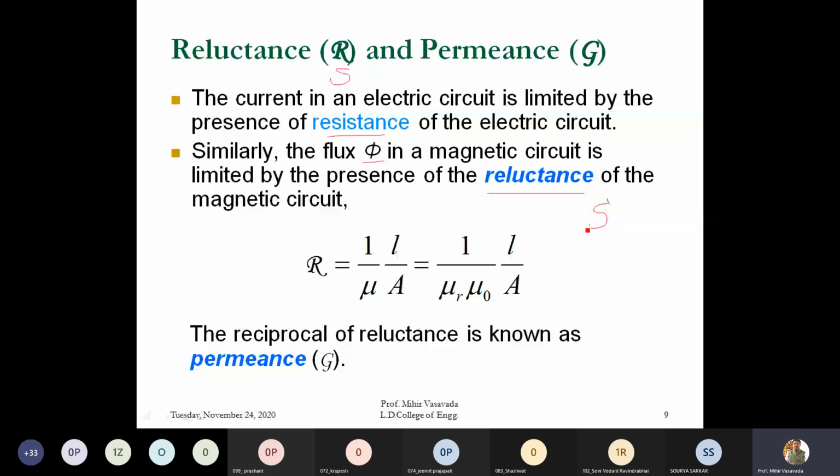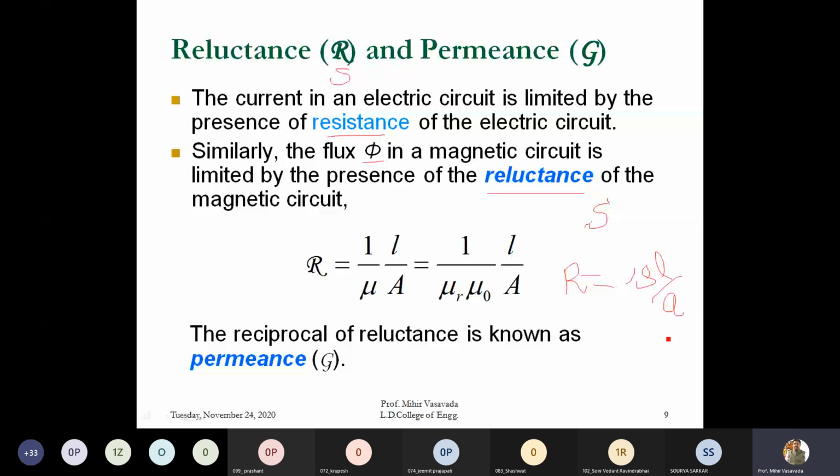If you take the dimensional equation of resistance, then you can tell R equal to rho L over A, where rho is resistivity, L is the length, and A is the area.